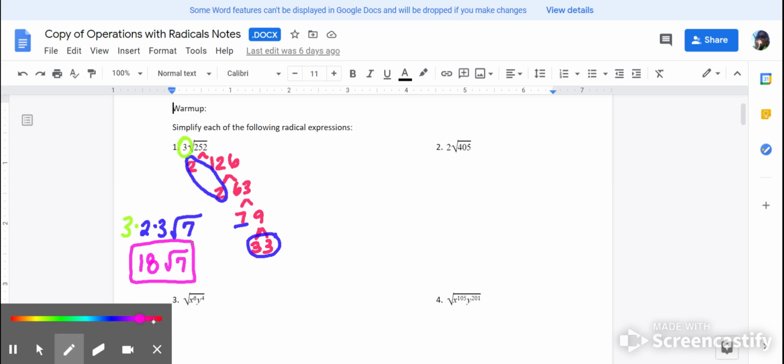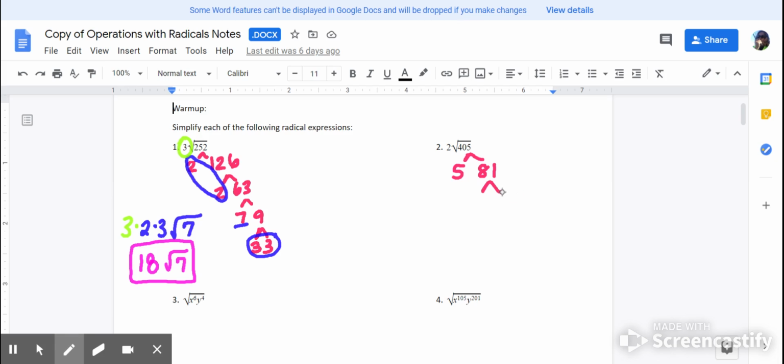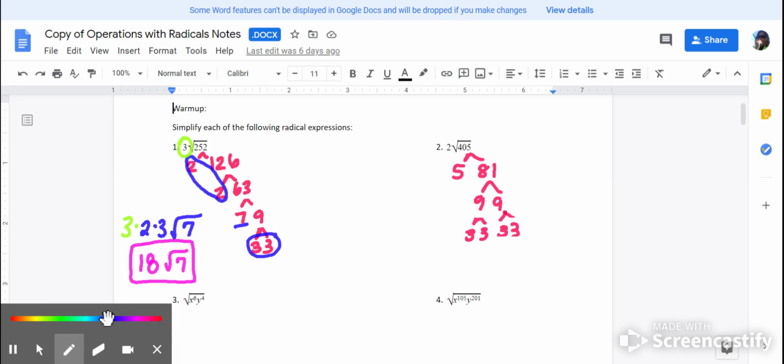I'm going to do the exact same process when it comes here to 2 on the square root of 405. I know that a 5 will go into 405, so it'll give me 81. Factors of 81 are 9 and 9. Factors of 9, 3 and 3, and factors of 9, 3 and 3. So looking for pairs, a pair of 3's and another pair of 3's.